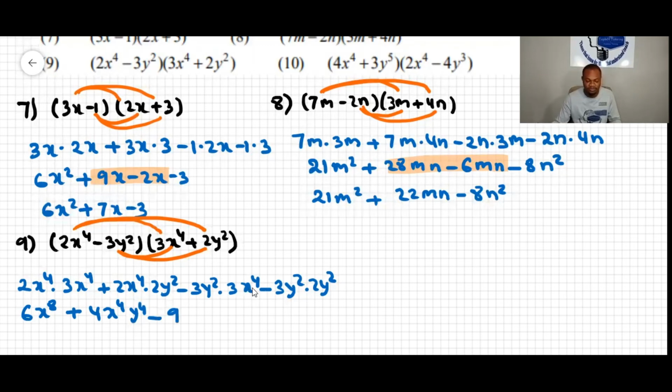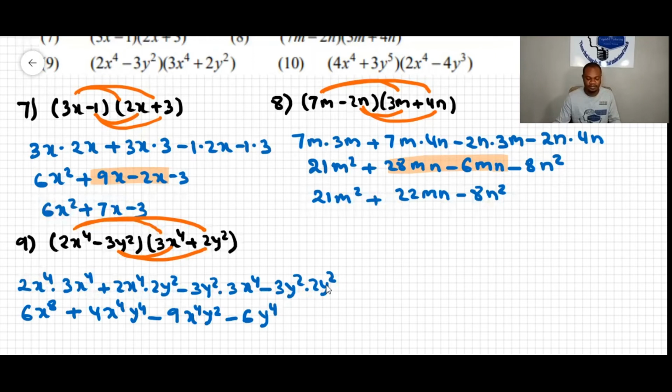I prefer to start with the x, so x to the 4 y squared minus these two, negative 3 times 2 will make negative 6. And then y squared and y squared, they're like terms. We can make it y to the power of 4.